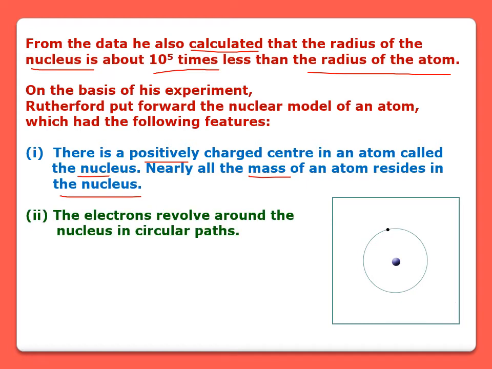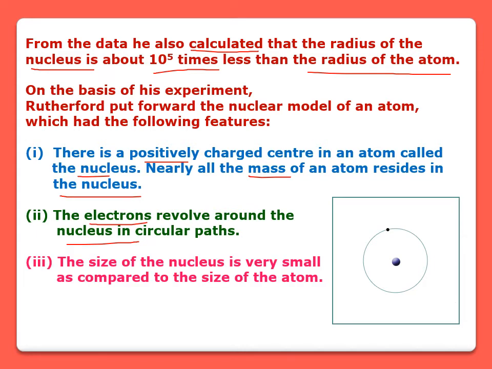And the second one was the electrons are revolving around the nucleus in circular paths. Okay, and this is the third point. He said that the size of the nucleus is very small as compared to the size of the atom. So this is Rutherford's nuclear model of an atom.